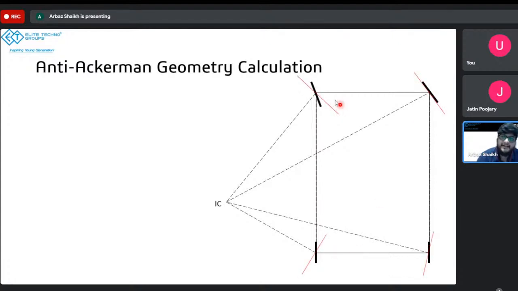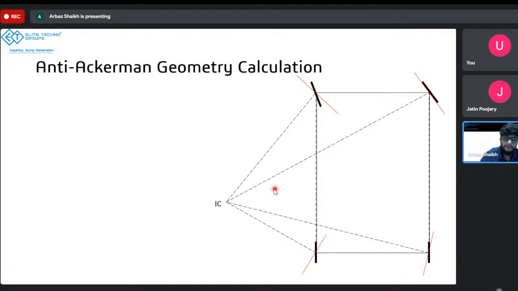These red lines are actually where all four wheels are moving, and the angle difference between this red line and this thick line is my slip angle. The actual motion of the wheels is these red lines, and the actual motion of the vehicle will be determined by this slip angle direction.